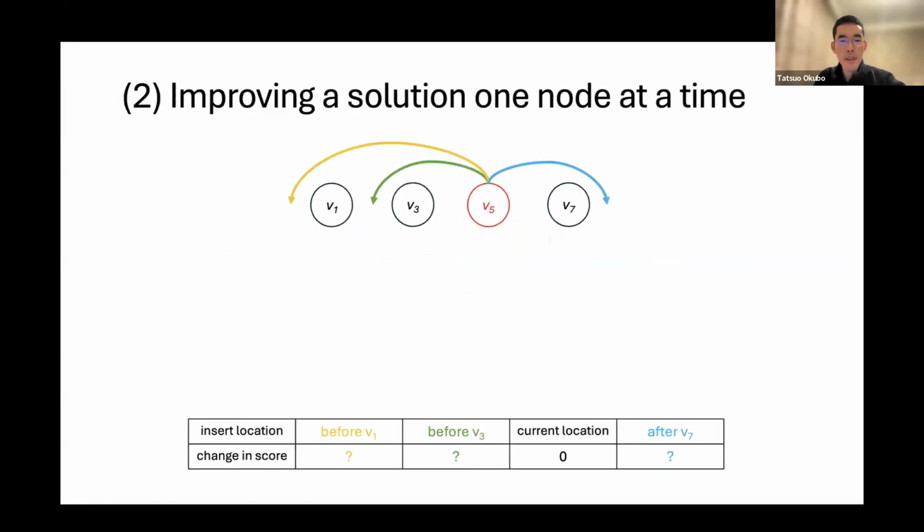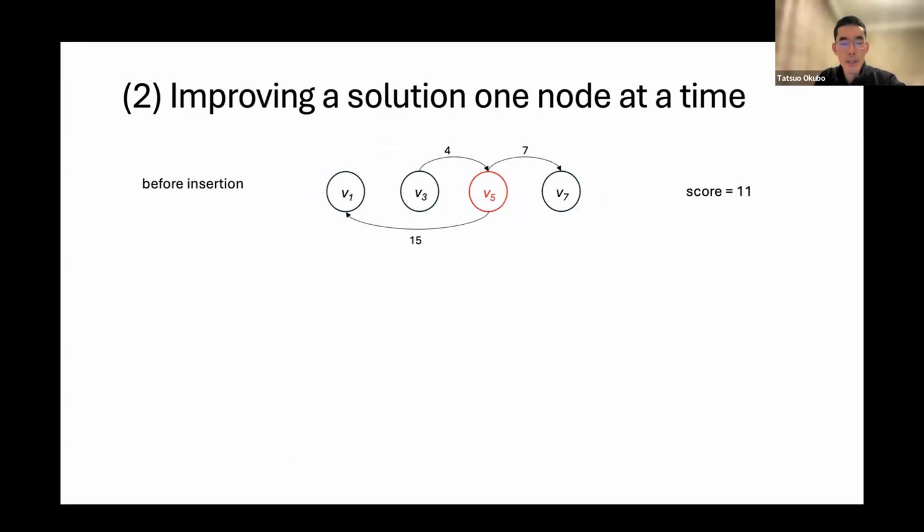Now we have this node V5, and we want to calculate the improvement in the score when we insert it into different locations. Note that we only have to calculate the difference in the score instead of the actual score itself, which would require all the nodes. So we basically want to fill out the table shown below. Let's see a very simple example. Say this is the solution before we do the insertion.